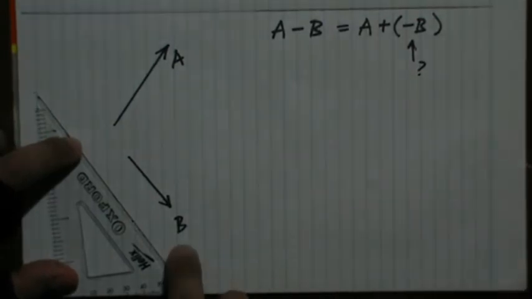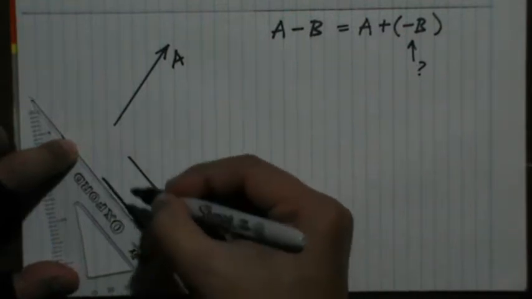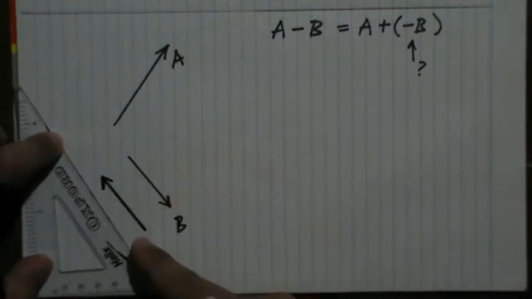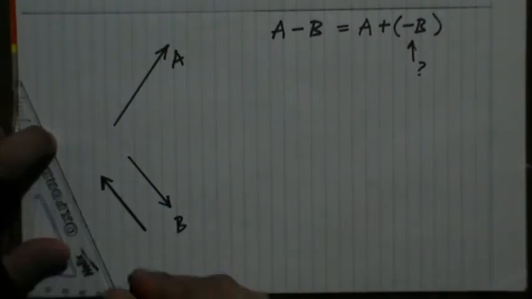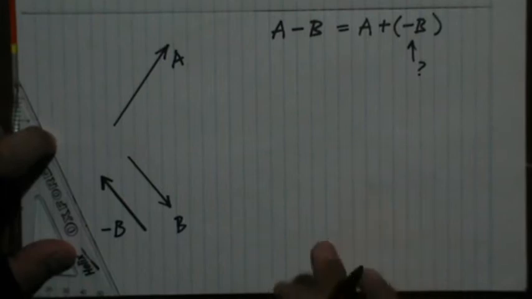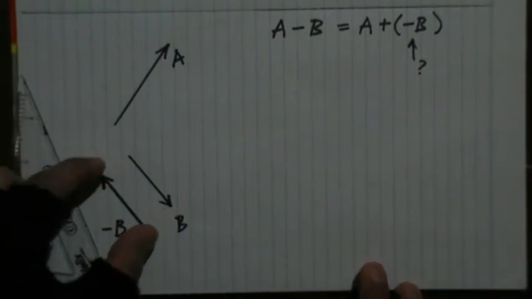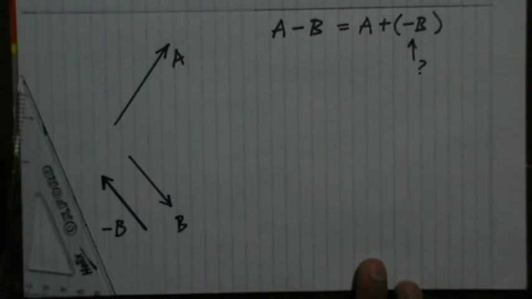If we have vector b like this, the minus b vector is just a vector with the opposite direction from b. So this is the minus b vector. But the magnitudes of these two vectors are the same.